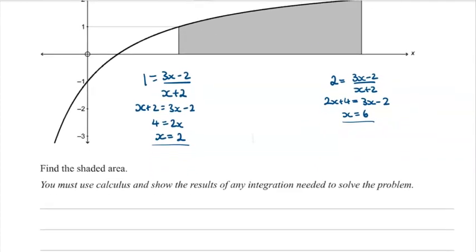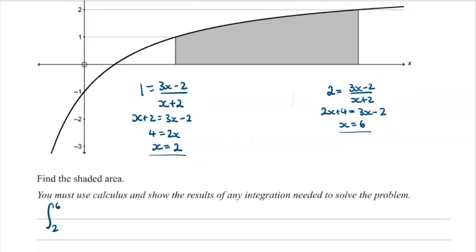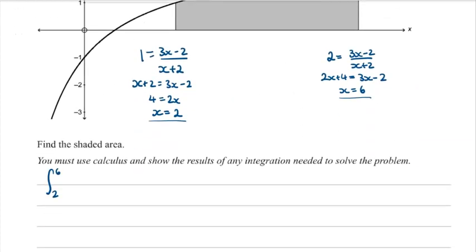So now we're going to integrate that function between 2 and 6, and it was (3x minus 2) over (x plus 2). Okay, first thing is to sort out that fraction there. We can't integrate it as it currently is. So I'm going to do a bit of algebraic juggling with this one, putting it as the factor of what's on the denominator.